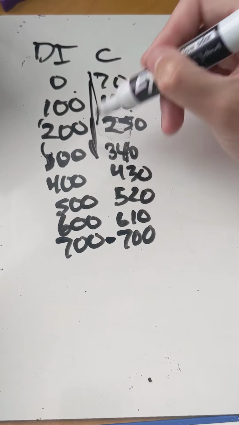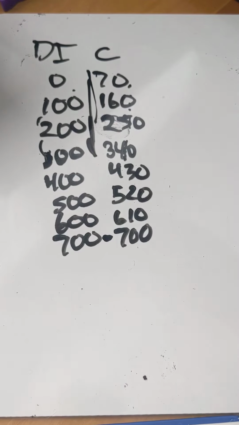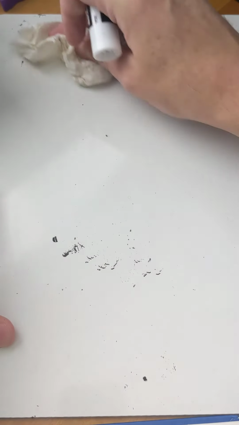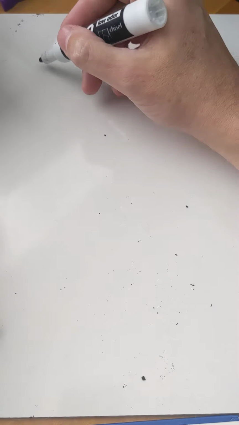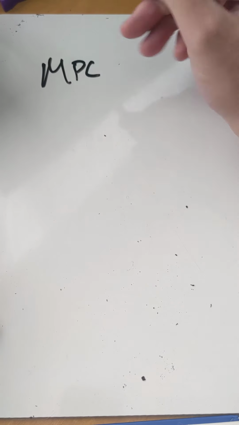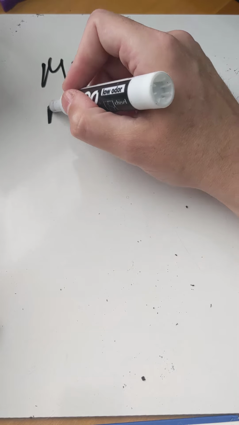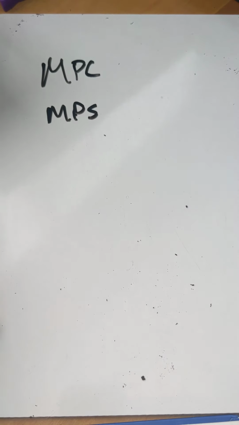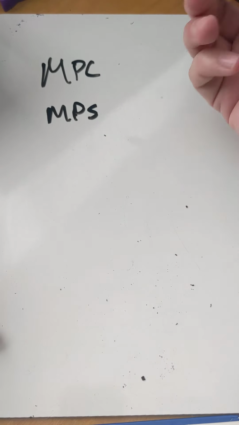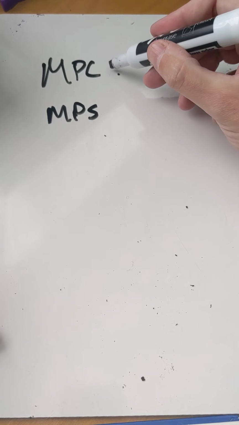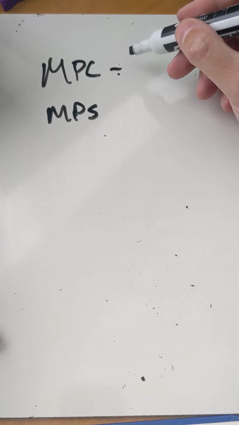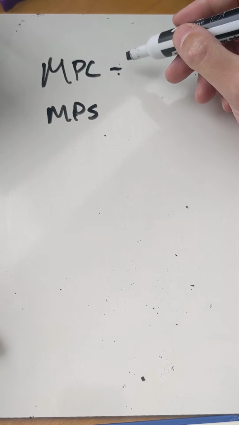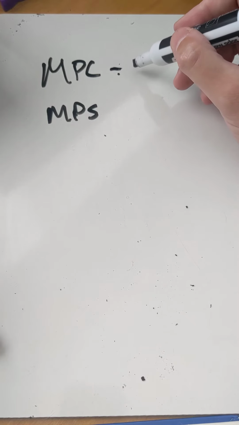This behavior pattern, how much of each dollar that we get that we spend, is what's called MPC, or marginal propensity to consume. The amount we save is MPS, or marginal propensity to save. In that example I just gave you, we were spending 90 out of every 100, which is also 9 out of every 10, or 90 cents out of every dollar. It doesn't matter.